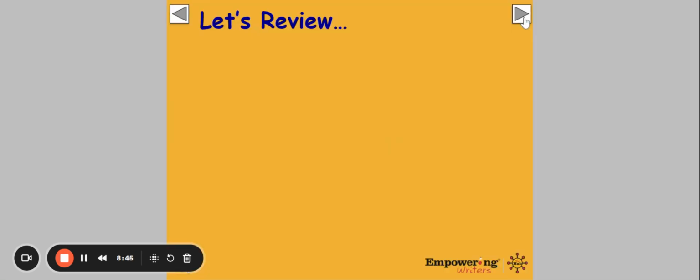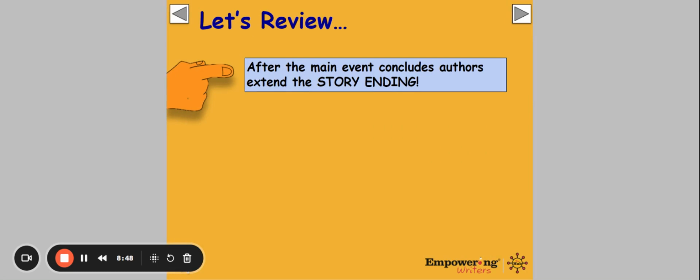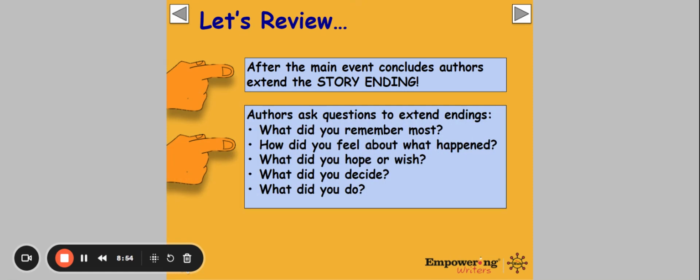So let's review. After the main event concludes, an author will extend the story ending. Authors ask questions to extend the story endings. What did you remember most? That would produce a memory. How did you feel about what happened? Feelings. What did you hope or wish for? A wish or a hope.